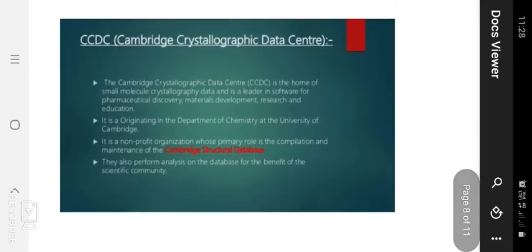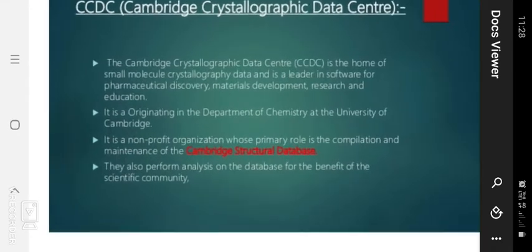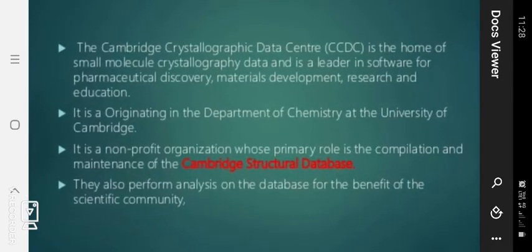Then CCDC means Cambridge Crystallographic Data Centre. It is the home of small molecule crystallographic data and a leader in software, pharmaceutical discovery, materials development, research and education.